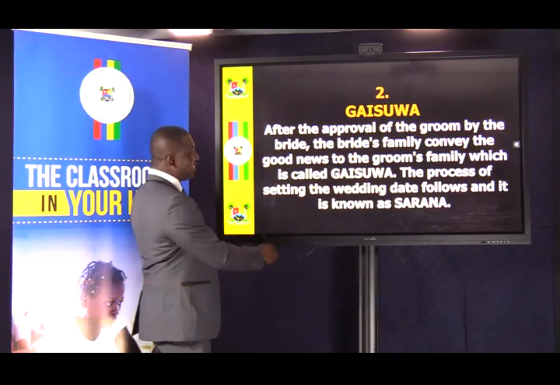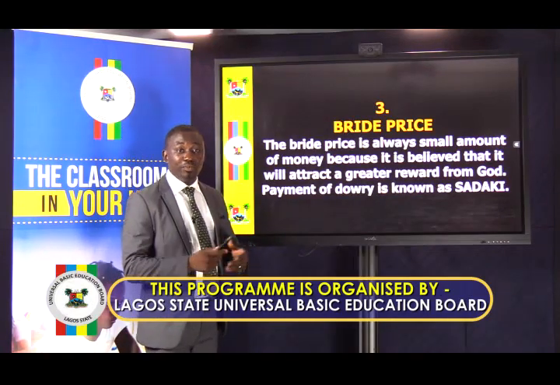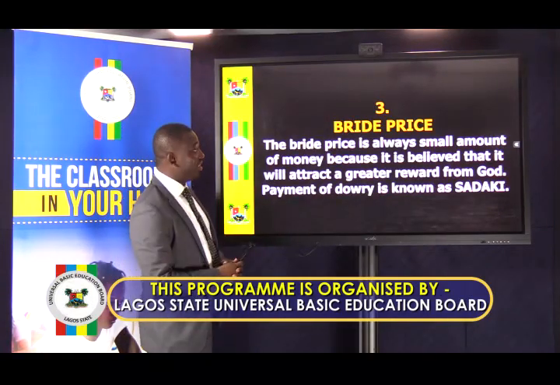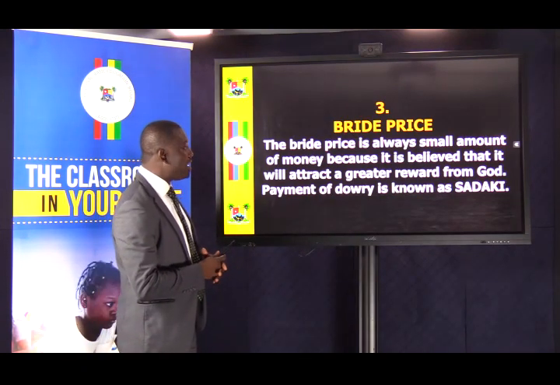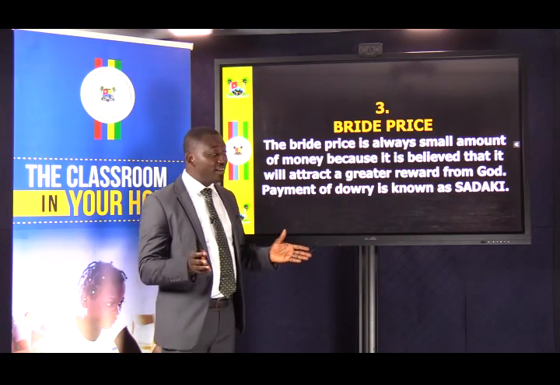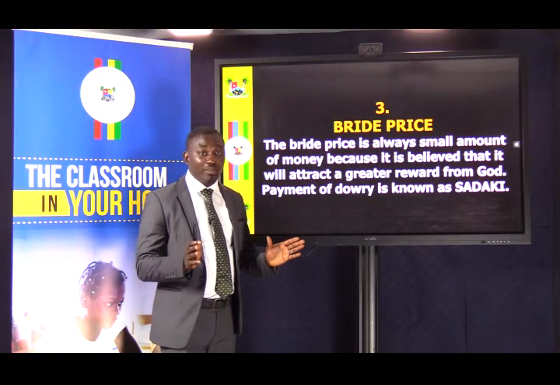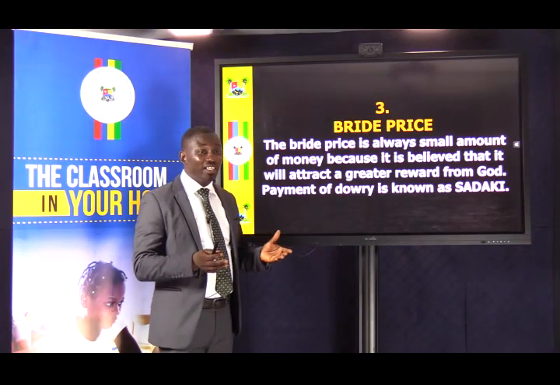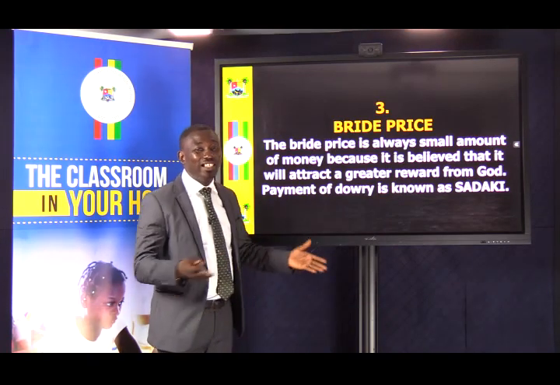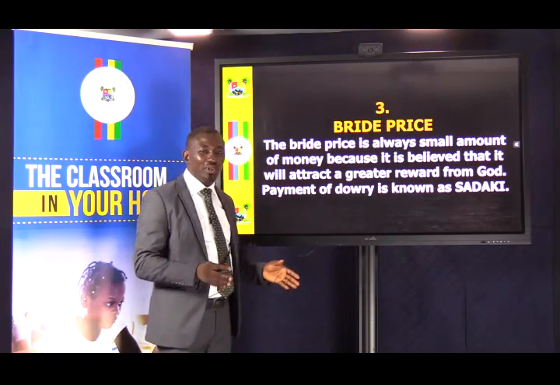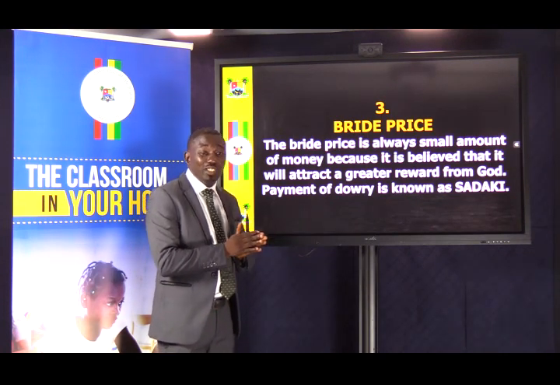The third stage of the marriage, after the wedding process has been put into motion, is the bride price. The bride price is always a small amount of money. Unlike the Igbo and the Yoruba traditional marriage, the Hausa traditional marriage doesn't involve a large amount of dowry or bride price or wedding list. It's always very small, and the wedding is not always elaborate. It's always a very small wedding between the two families.